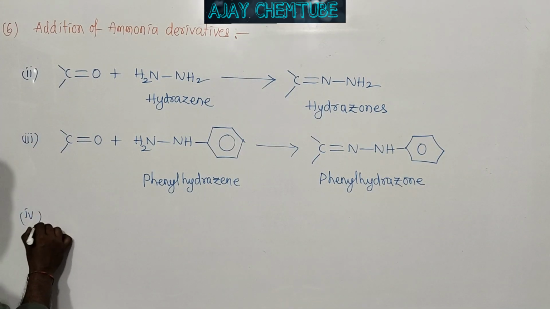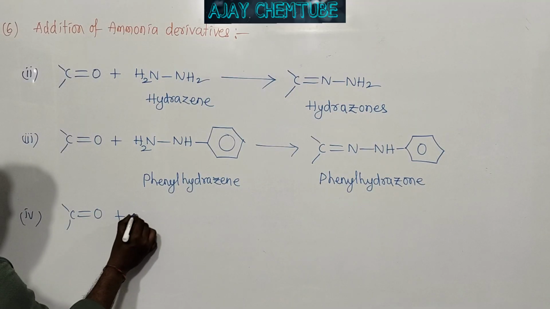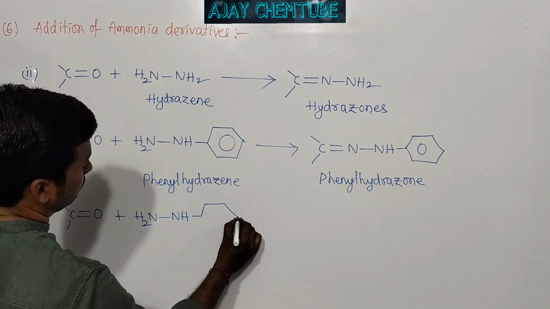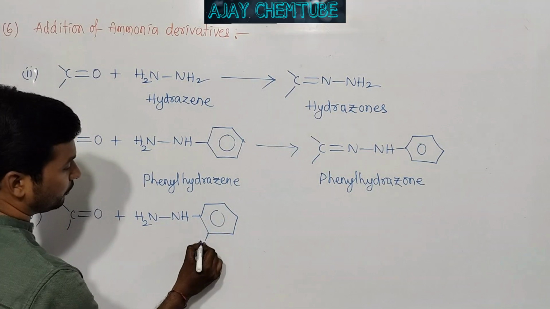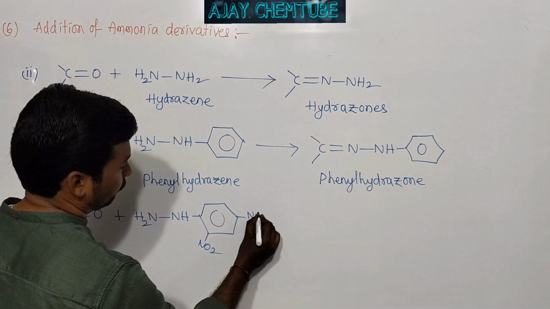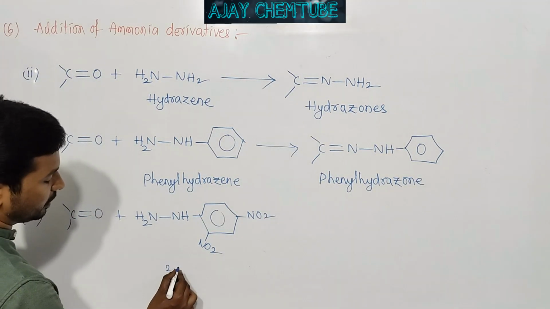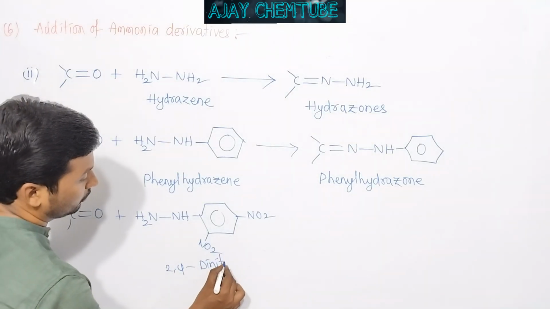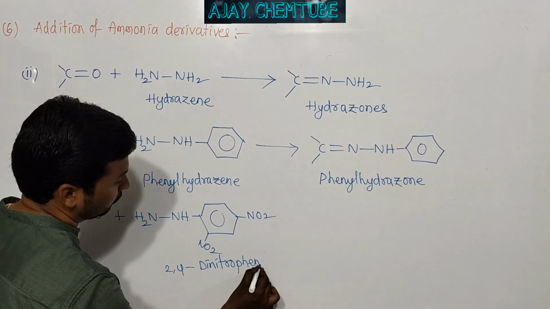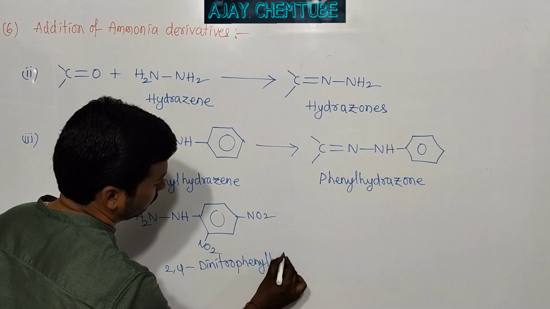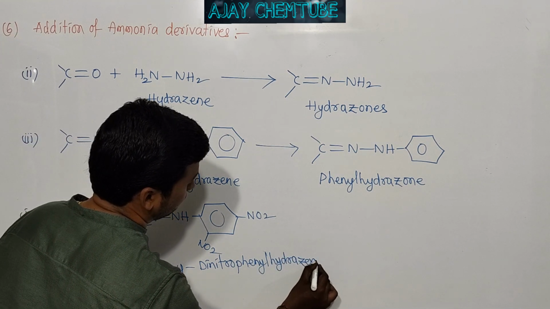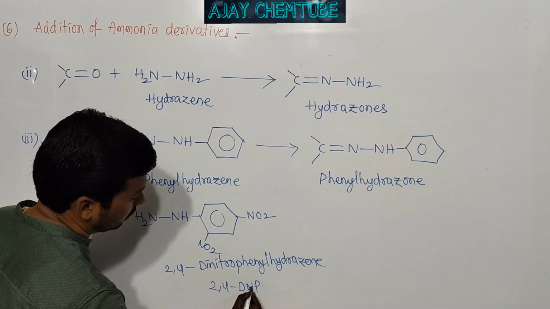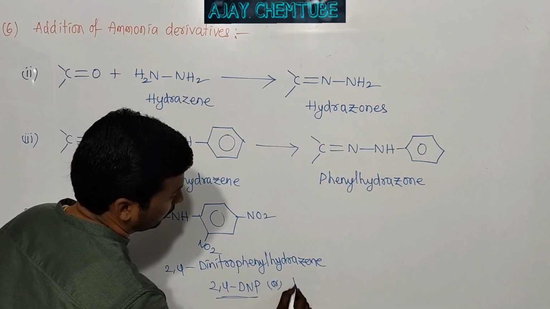Next, if you take 2,4-dinitrophenylhydrazine, that is Brady's reagent, shortly 2,4-DNP. 2,4-dinitrophenylhydrazine is also called 2,4-DNP reagent. 2,4-DNP is also called what?